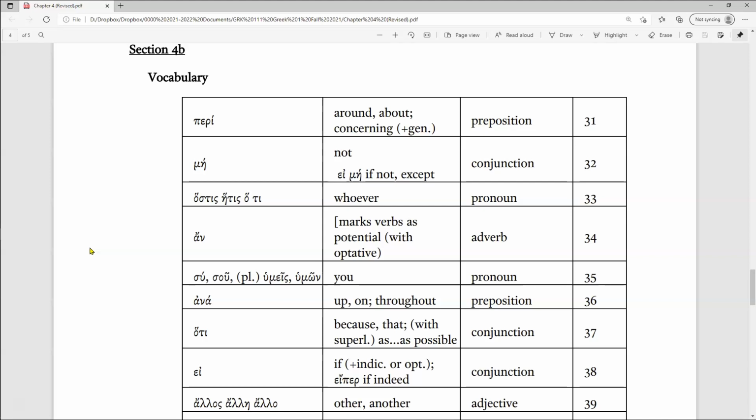So we have 9 minutes. So we want to do the vocabulary. This is what we'll study for Monday. Peri means around. It takes a genitive case. Okay? Mnemonic devices. Perimeter. Peri the platypus walks around me, is sneaking around.